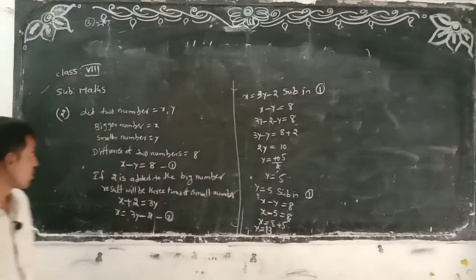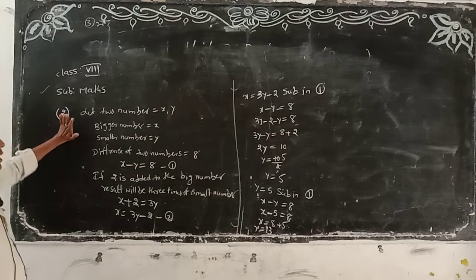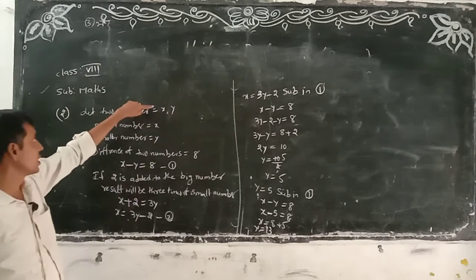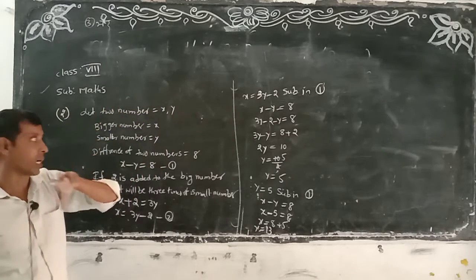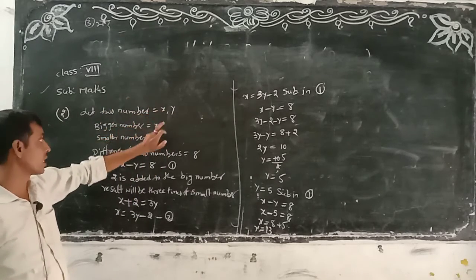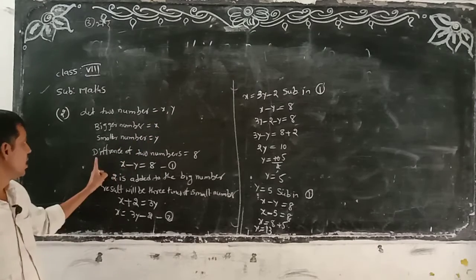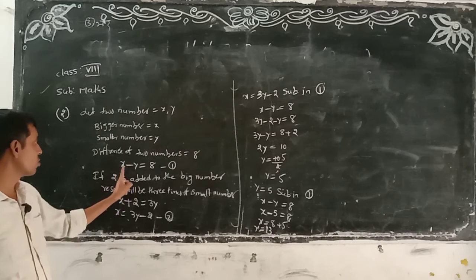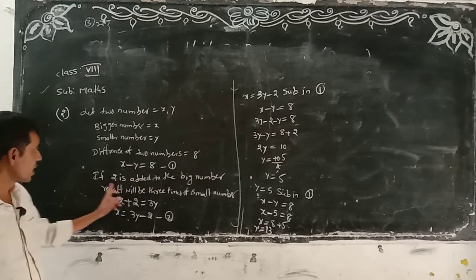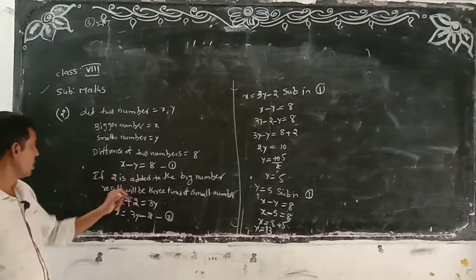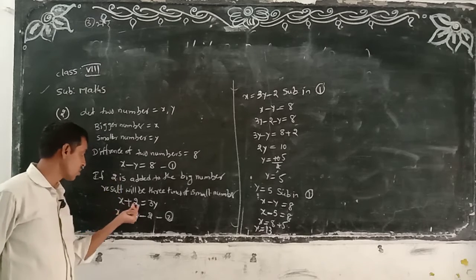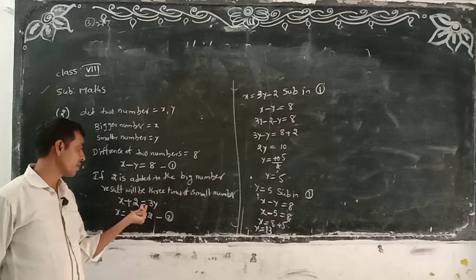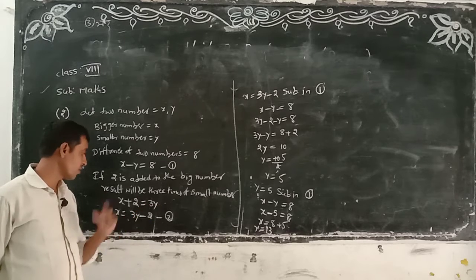Once again I am going to explain. According to the problem, we don't know the two numbers. Let the two numbers be x comma y. If you are doing the subtraction, the bigger number must come first. X is the big number and y is the small number. Difference means minus, and the difference of these two numbers is 8. When 2 is added to the big number, x plus 2 is equal to 3 times y.